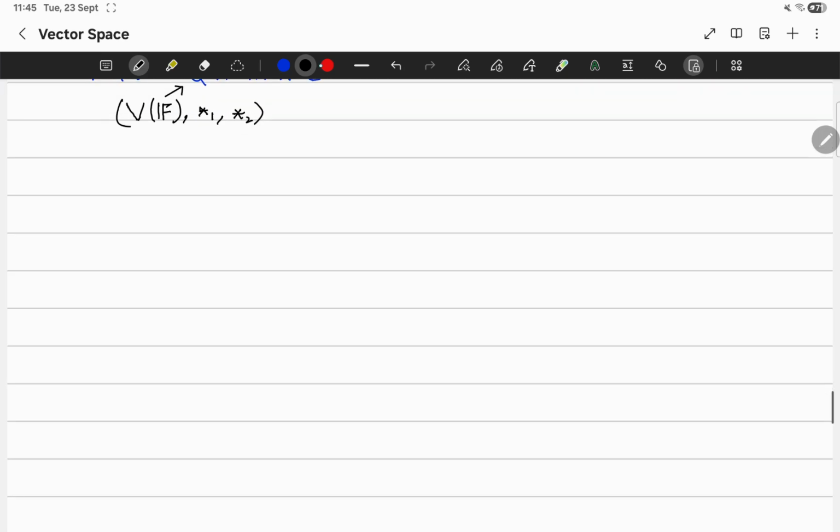Now we will take one example here. We will take V as Q, the set of rational numbers, and the field F is Q. We will show that Q over the field Q, with usual addition and usual multiplication, is a vector space.